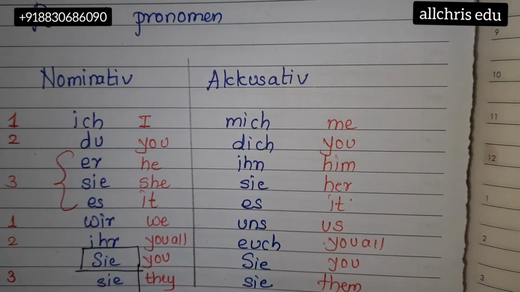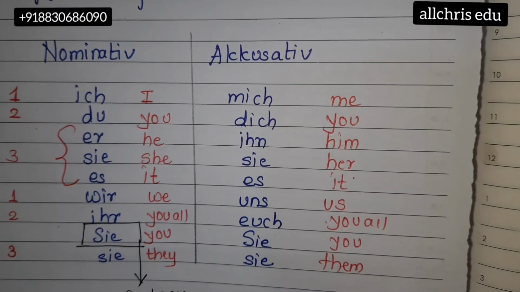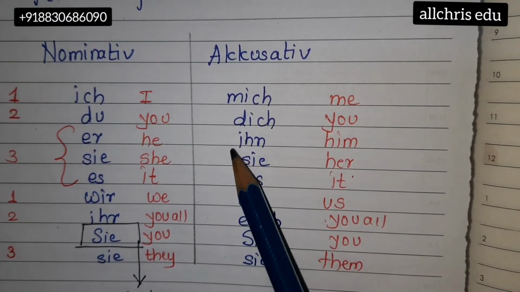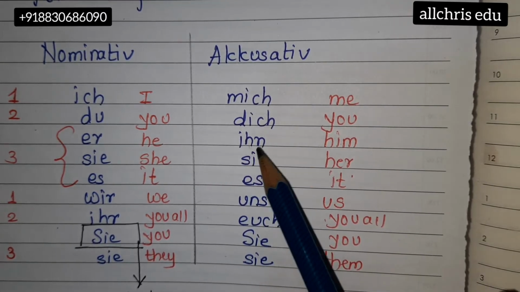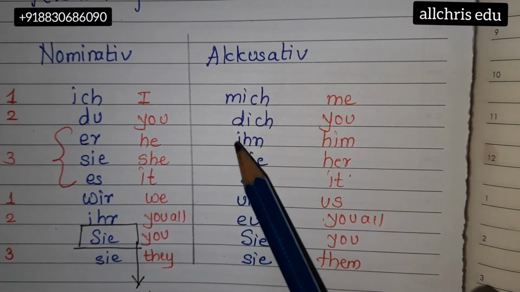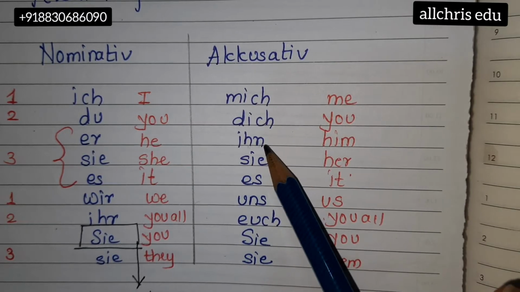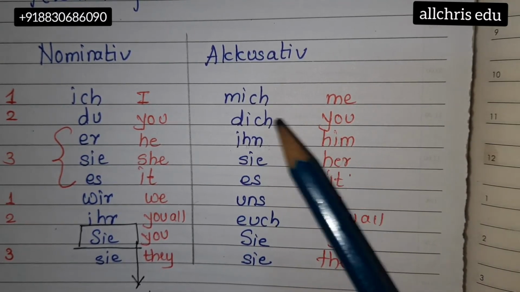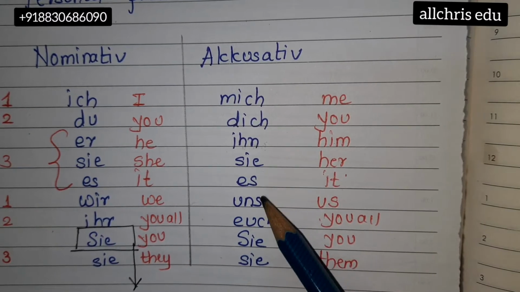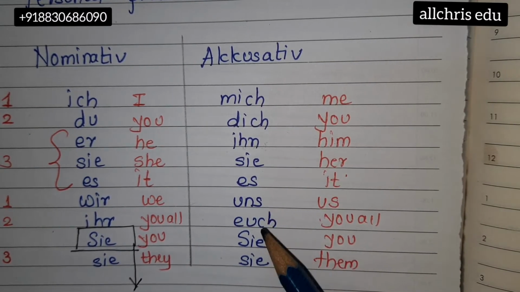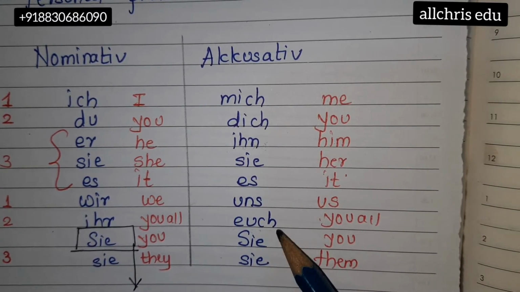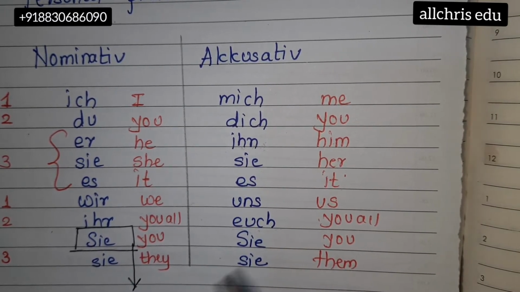And the accusative items are mich, dich, ihn. This is I, H, N: H for horse, N for number. Please write it properly. Then sie, es, uns, euch, sie, Sie, with big S and small s.